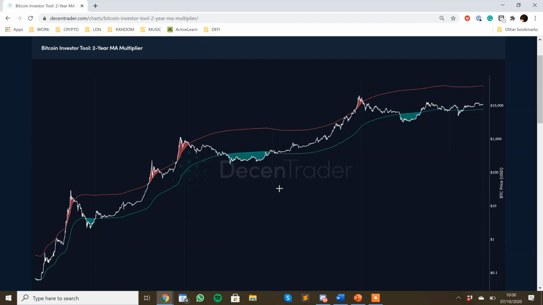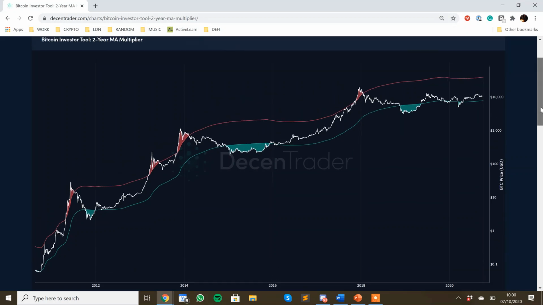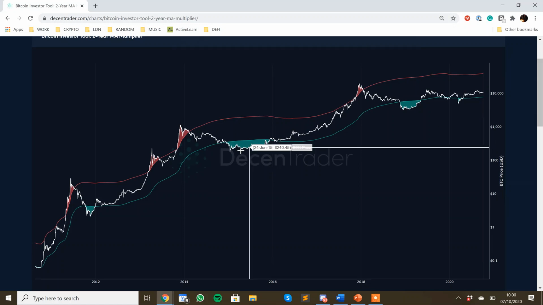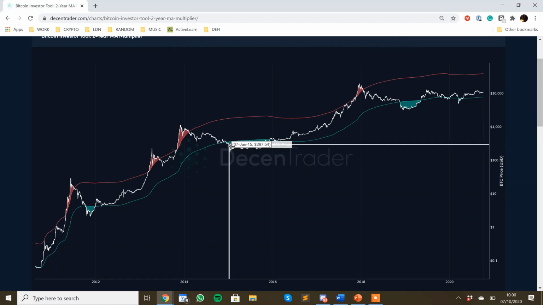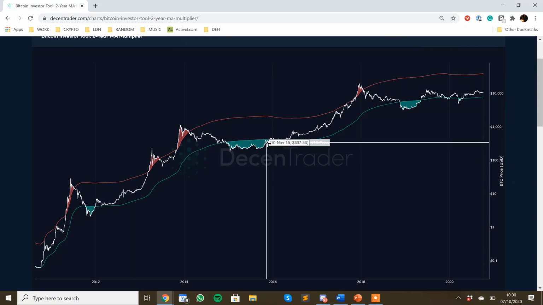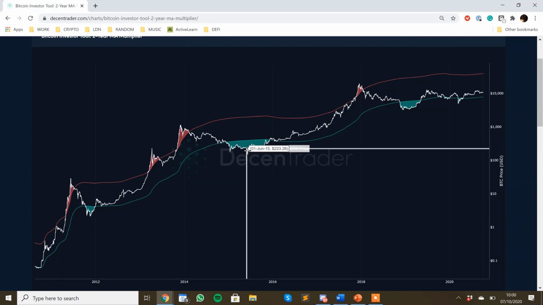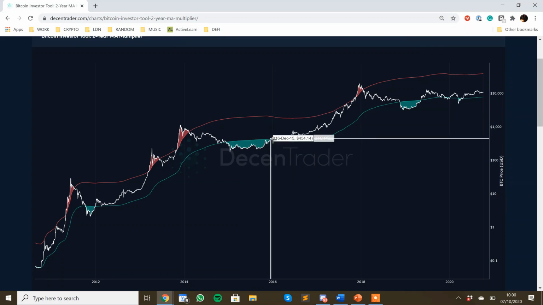So if we take the last market cycle as an example, so 2015 to 2017, we can see this indicator told us that actually it would be a good time to allocate capital when we were in the depths of the bear market throughout January to October 2015, when the price of Bitcoin was between $250 or a little lower, $220, and around $450.